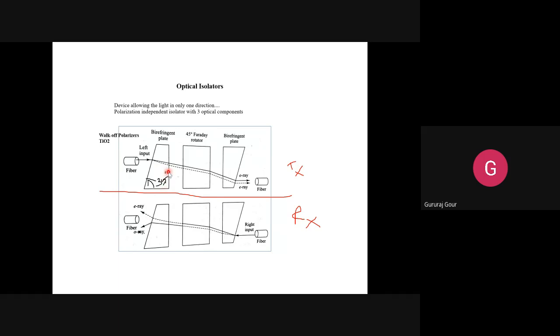Then it will be reoriented by 90-degree. That is going to match with this 90-degree shaping of this Faraday rotator. Then it will be reoriented by 45-degree. By the time it exits from this rotator, again it will be allowed by this plate.